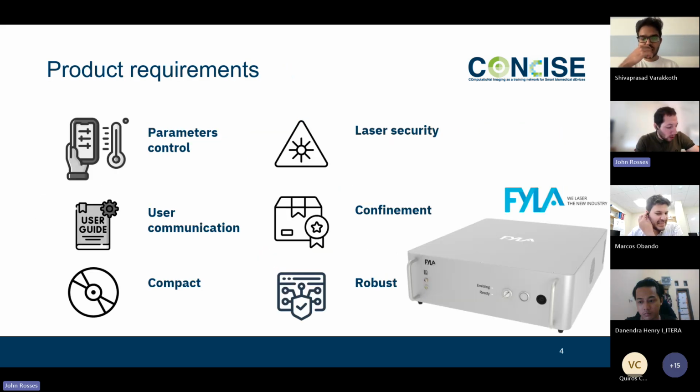Another thing we want is that, because I'm doing an industrial PhD, we want to make a product at the end of this project. So we have other requirements, like we want to control the parameters, we want laser security, we want easy user communication with the equipment, we want it confined, compact, and robust, because it's necessary to give our laser to different customers around the world.